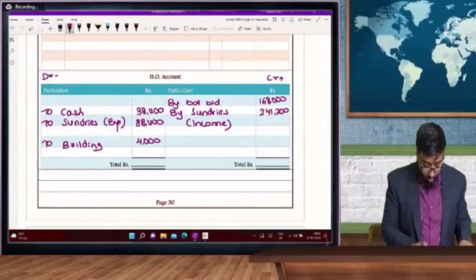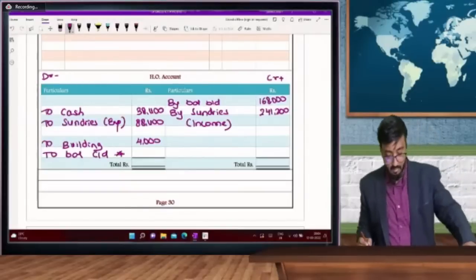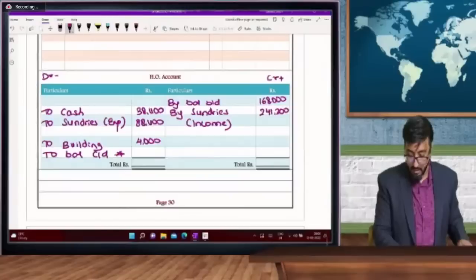Yes. Now you only tell me balances. To balance carried down. So this is a simple posting part. After writing journal entries. Journal entries is your homework.